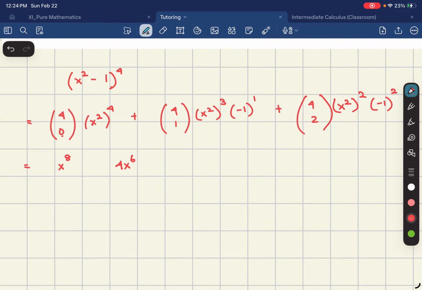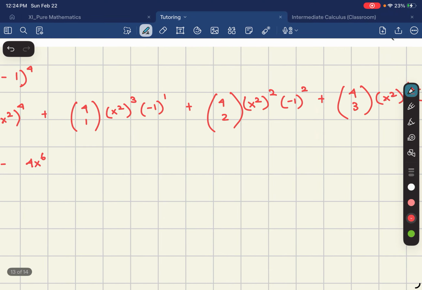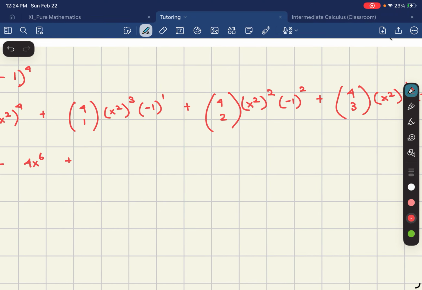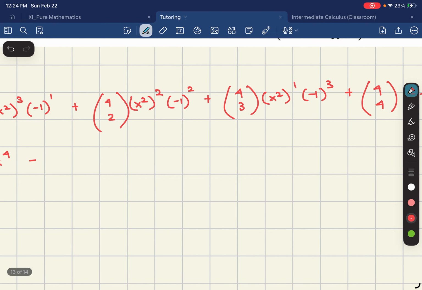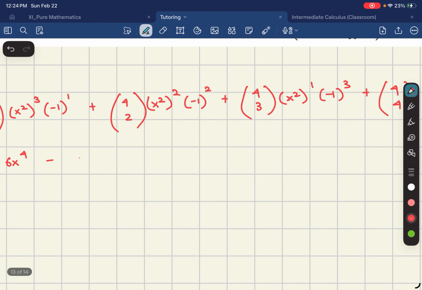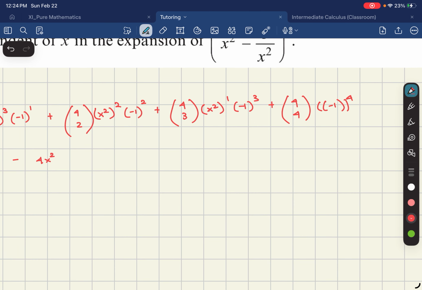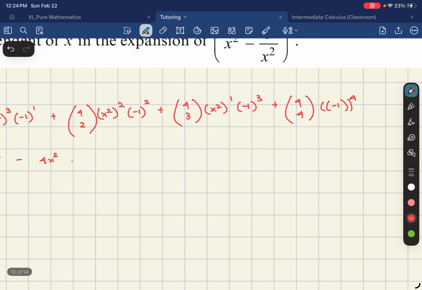And you have a negative sign because minus 1 to the power 1 is just minus 1. And if you simplify, 4C2 is going to give me 6, I believe. So you have 6x to the power 4, minus 1 squared is going to be positive. The next term is going to be negative. So you have 4x squared. And finally, we have plus 1. So that is the expansion using the formula.